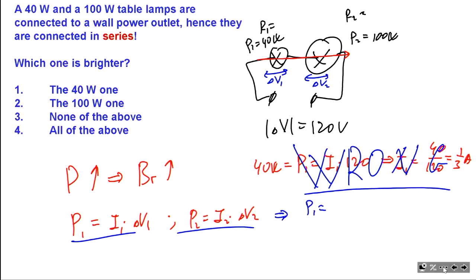P1 equals I1 squared times R1. P2 equals I2 squared times R2. And actually, since the current is the same, we don't even have to keep that subscript. Current is the same.